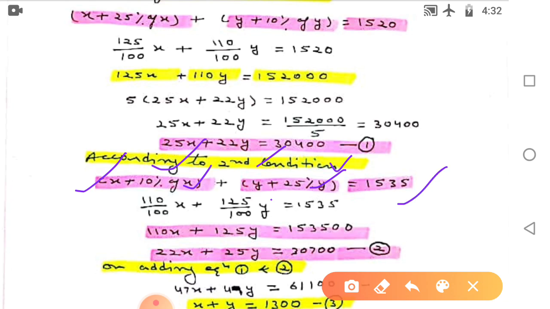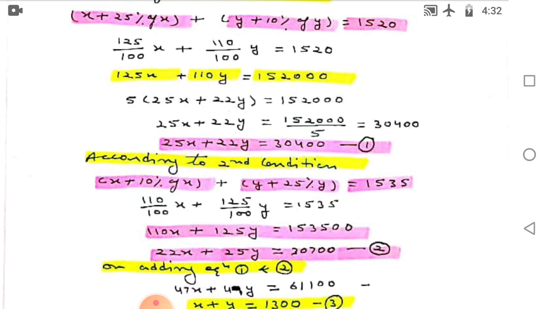Clear? Now this is 110 upon 100 x plus 125 upon 100 y is equal to 1535, and finally equation 2 is 22x plus 25y is equal to 30,700.